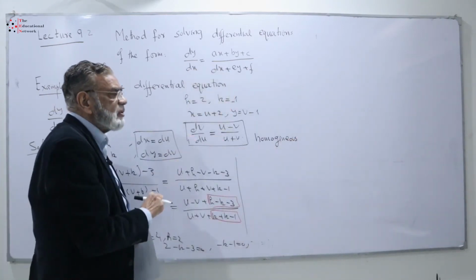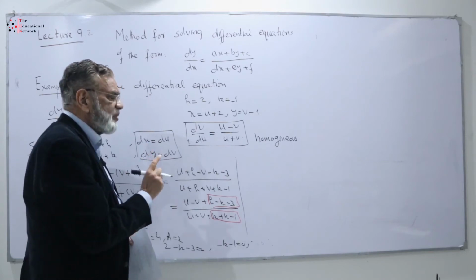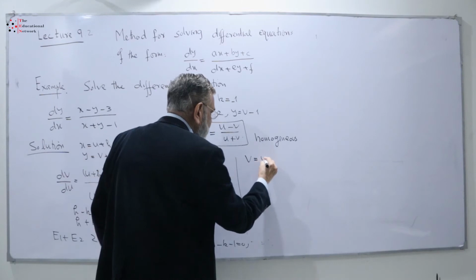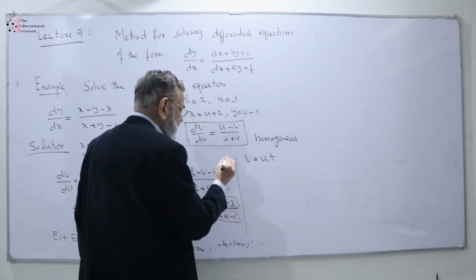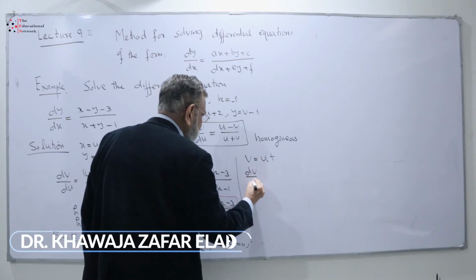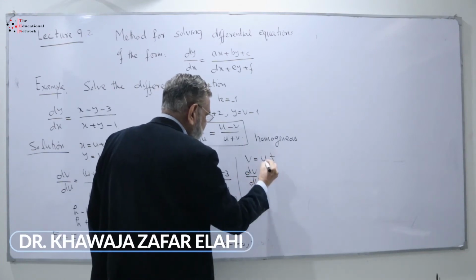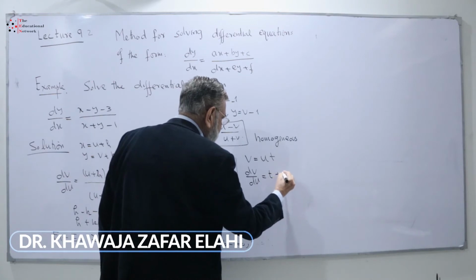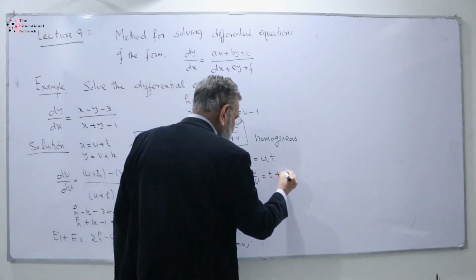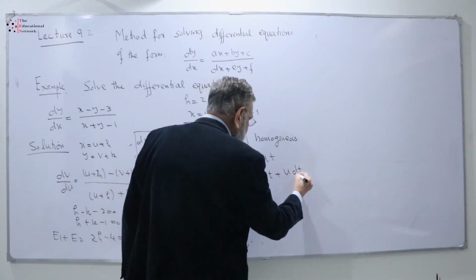Now we want to reduce it to the separable variable form. As I mentioned, we will take v is equal to ut, and then we can write dv by du is equal to, derivative with respect to u is 1 times t plus u dt by du.